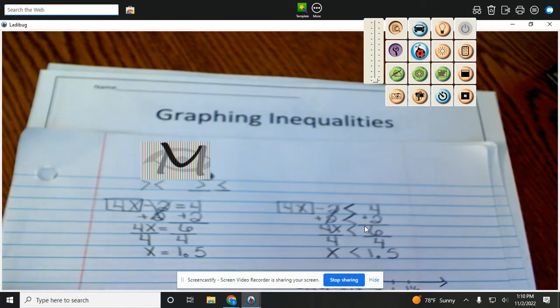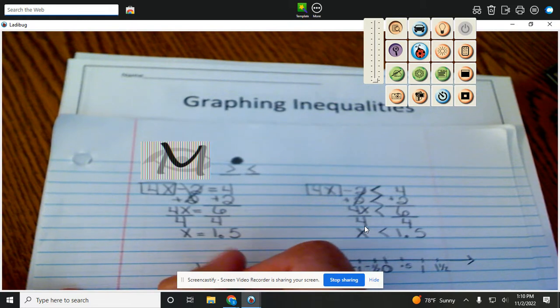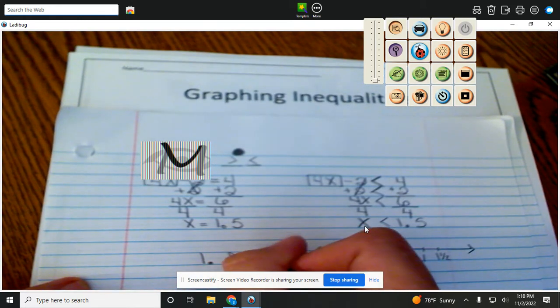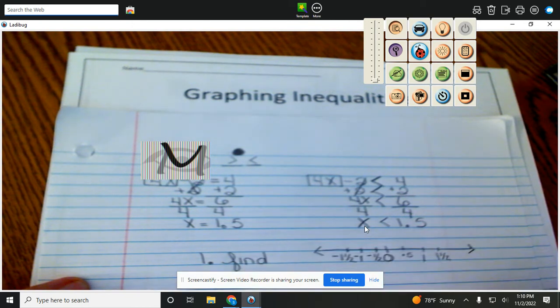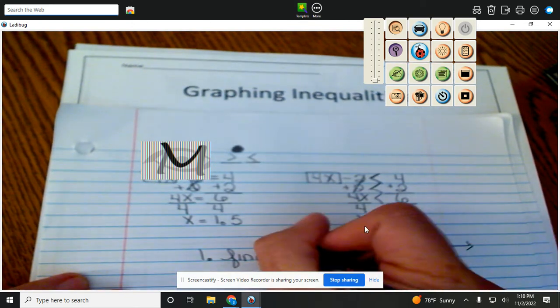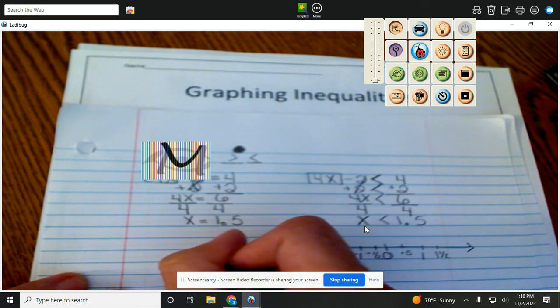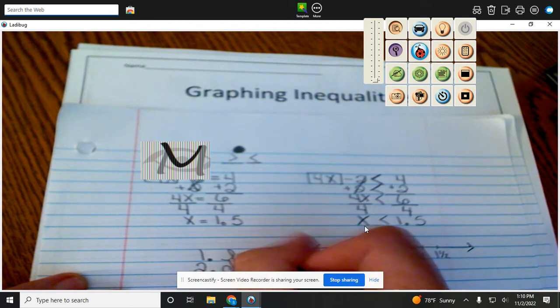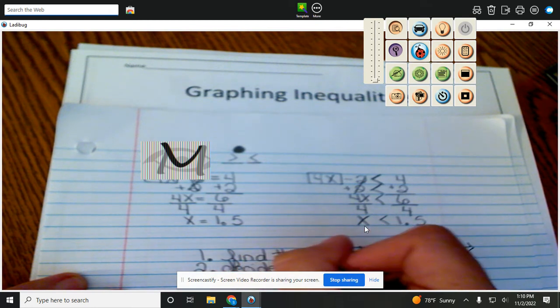Okay, so let's first start with one thing. Step number 1, let's find where we are placing this number. So find the number on the number line. Step 2 is to decide, is it going to be an open circle?